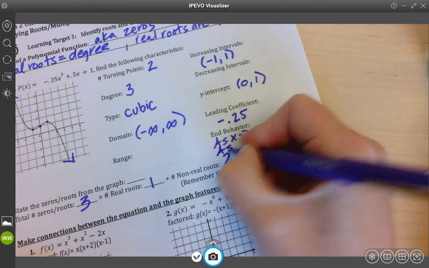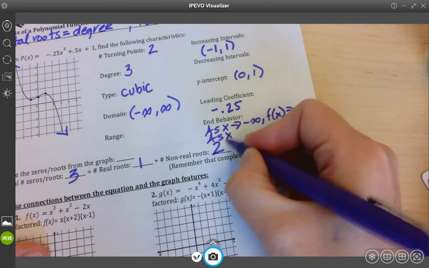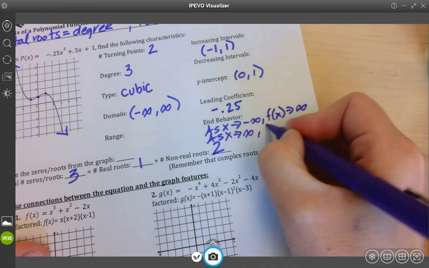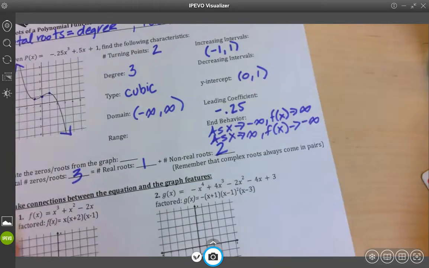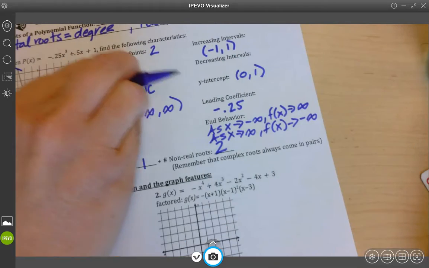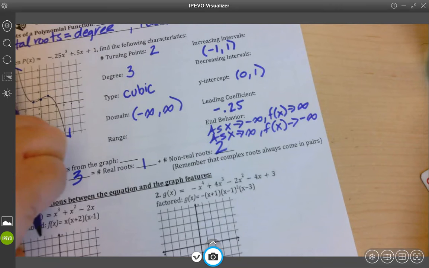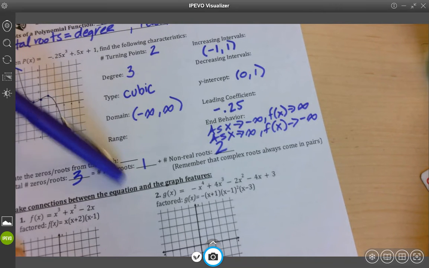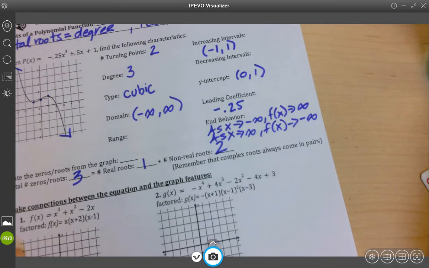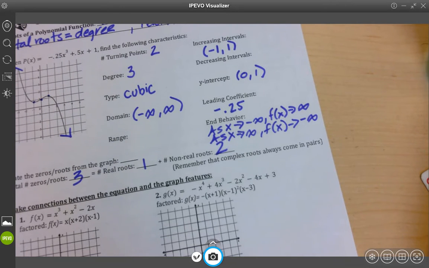Okay, let me try to catch up to you. Very good. Okay, so as x goes to negative infinity, the y goes to positive infinity. As x goes to positive infinity, the y goes to negative infinity. Well done. Who wants to share something else?